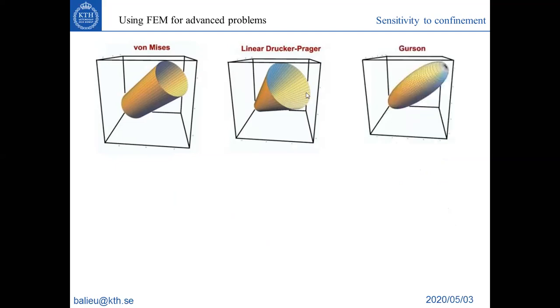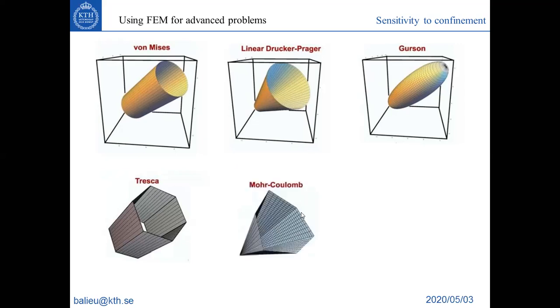You can have also other kinds of surface like Gurson. So you have a variation along the hydrostatic pressure, but you also have a saturation. And so this is a case of smooth yield surface like von Mises and linear Drucker-Prager, but there are also different yield surfaces which are non-smooth like Tresca and Mohr-Coulomb. So if you see Mohr-Coulomb, it's very similar to linear Drucker-Prager.